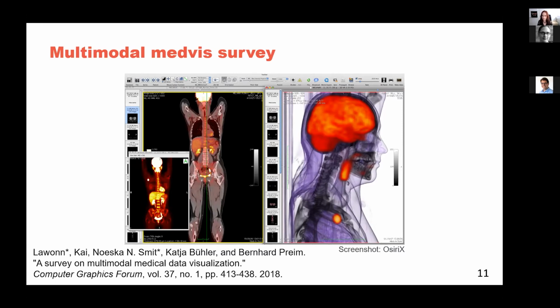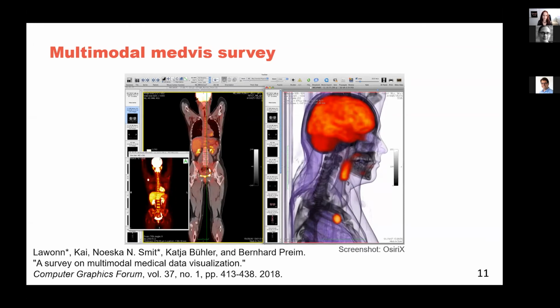Notice that this is mainly centered around medical imaging data, so not so much about any of the other modalities, either on a smaller scale, microscopes or things like that. It's really around the scanners that are in clinical use today. So here in this image, you see an example of very common multimodal imaging visualization.